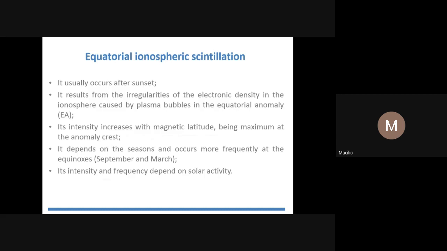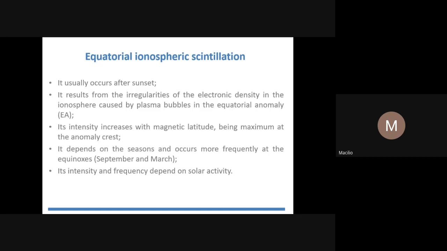Well, now I will focus on the equatorial ionospheric scintillation because it is the scintillation of most interest, considering we are in Brazil. This scintillation has some particular characteristics. It usually occurs after sunset.